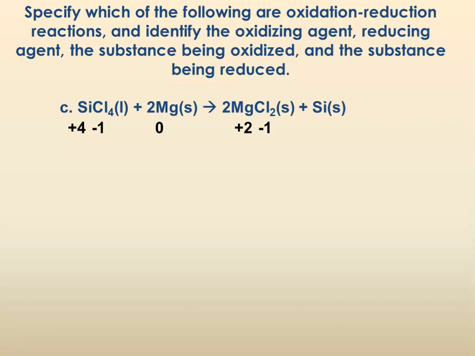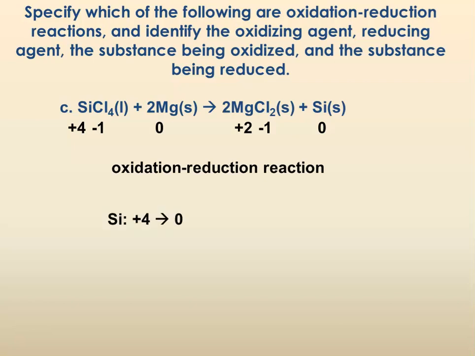And then we have silicon by itself on the product side. Anytime you have an element by itself without a charge, its oxidation number is 0. So in this particular example, chlorine did not change oxidation states, but silicon did. It went from +4 to 0, and magnesium did. It went from 0 to +2. So this is indeed a redox reaction.